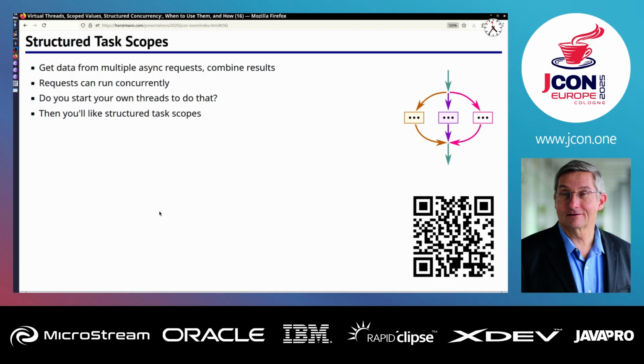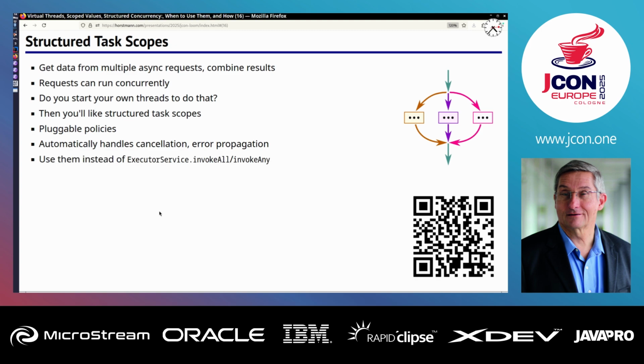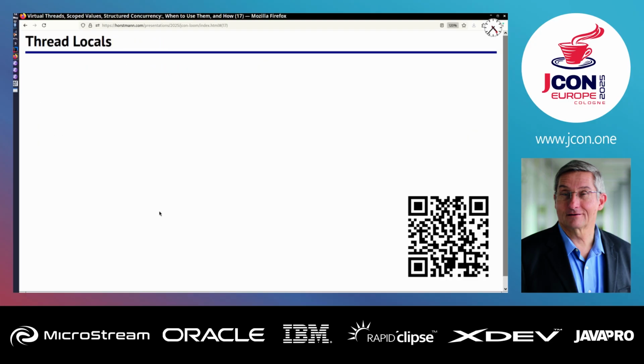If right now you say, well, I've never done that, I've always just called one and then the other and then the third because it didn't really matter that much in practice, then you can still easily use structured task scopes, but probably there's no burning need that you see. So they are nice. They're absolutely nice. But you would feel the need to use them if right now you have created threads in your own business logic, which not that many people do.